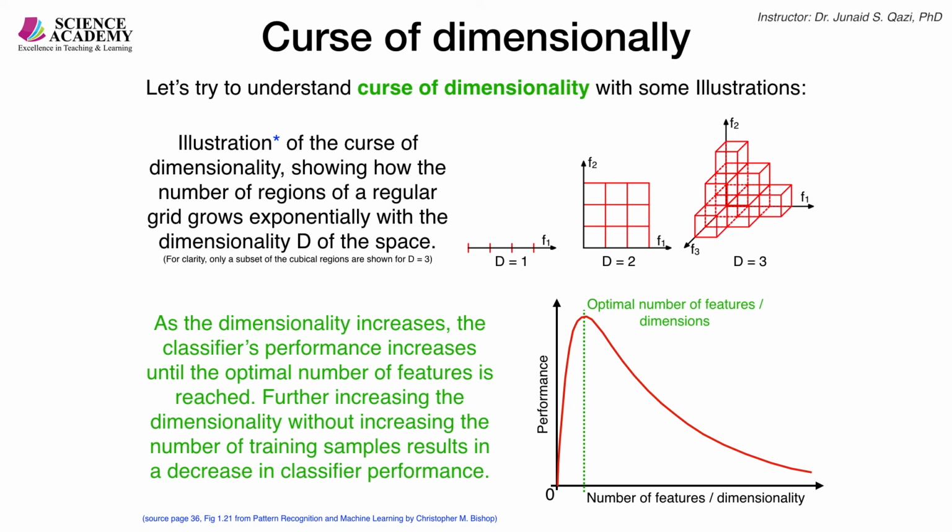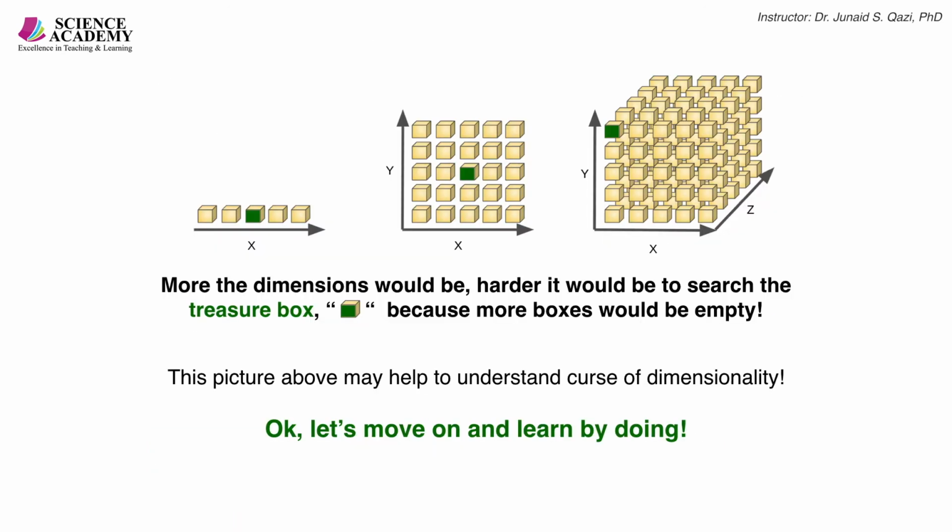If we further increase the features without increasing the number of training samples, the performance of the classifier decreases. The more dimensions there are, the harder it is to search for the treasure box because more boxes would be empty. The picture above may help to understand the curse of dimensionality.